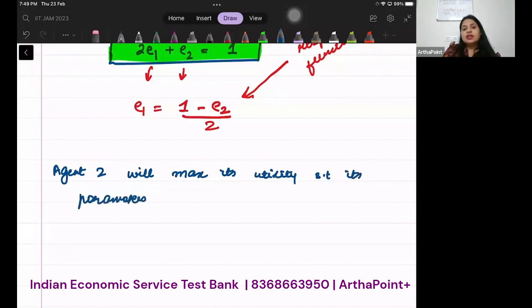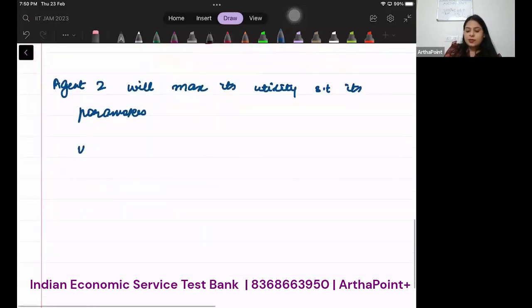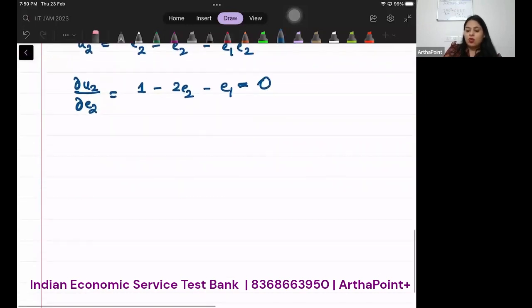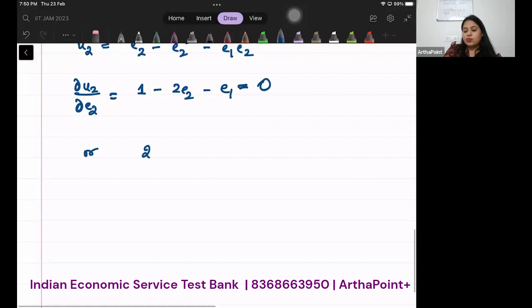What are the parameters under agent 2's control? Its effort. So U2 was E2 minus E2 square minus E1E2. Agent 2 will differentiate this with respect to E2. So you will get 1 minus 2E2 minus E1 is equal to 0, or 2E2 plus E1 is equal to 1.